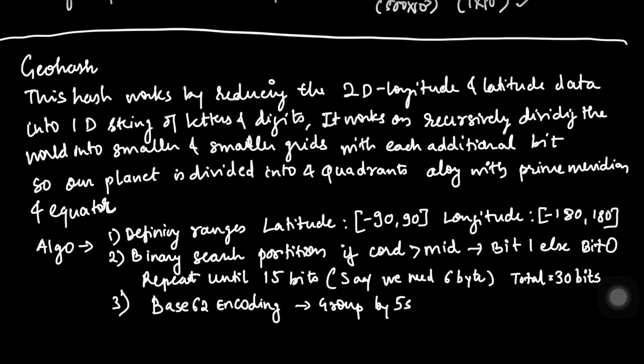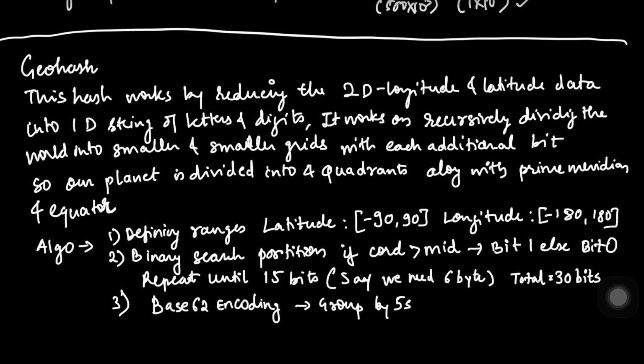So how it works is we have an algorithm where we have defined the ranges for latitude and longitude. For latitude it is minus 90 to 90. For longitude it is minus 180 to 180.